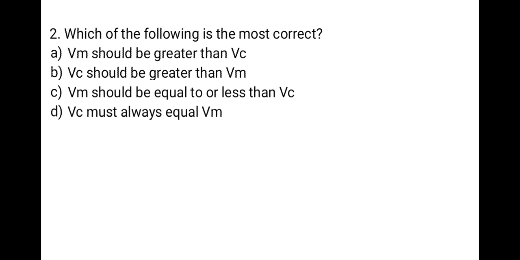We know that modulation index is the ratio of Vm divided by Vc. When these two quantities are equal, then modulation index is 1. For proper AM to occur, this condition is very useful. So, the correct option is Vm should be equal to or less than Vc.